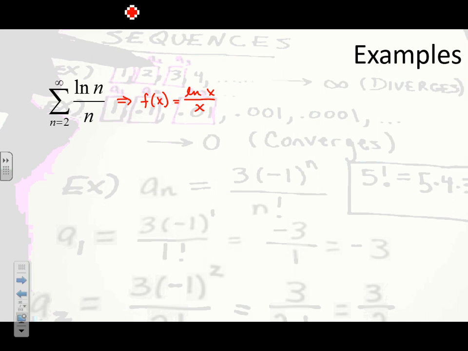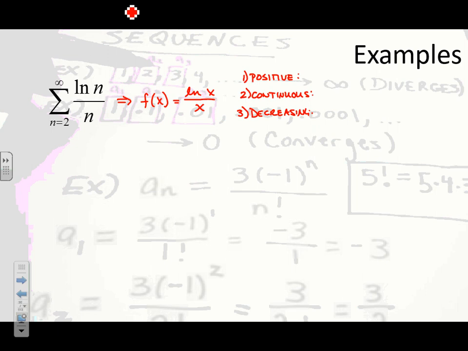Now, as far as our conditions go, the positive: if I have natural log of x over x on my domain, so if we notice we're going from 2 to infinity, are we going to be positive?